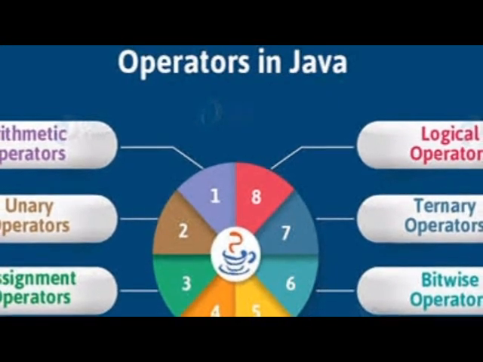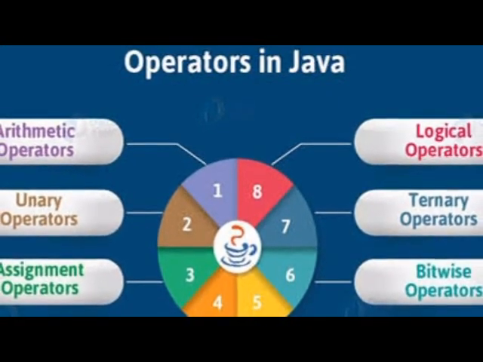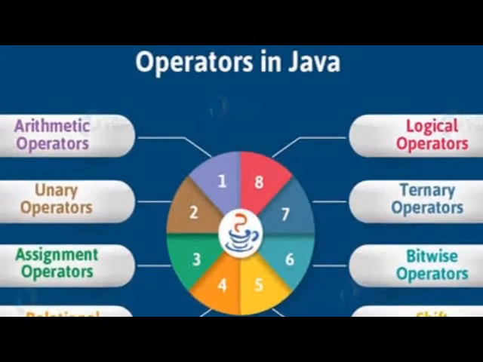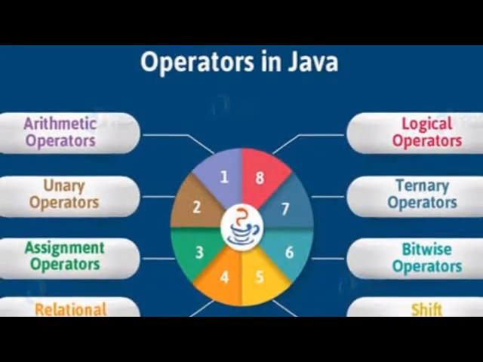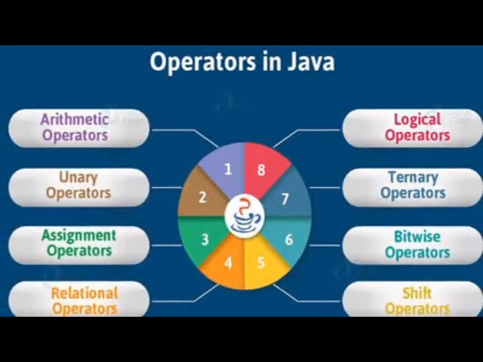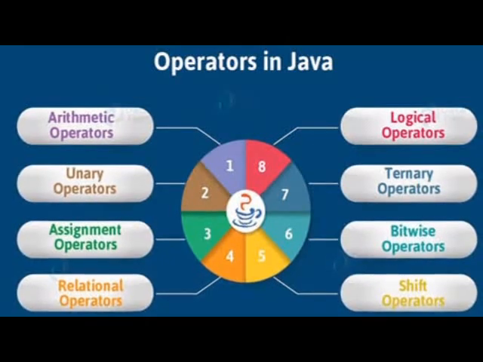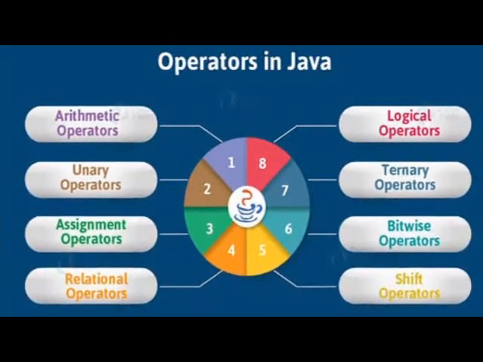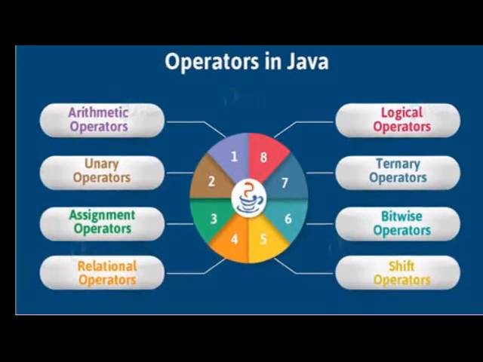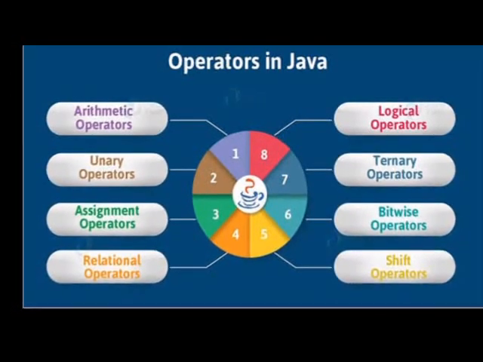Now our next topic is operators in Java: arithmetic operator, unary operator, assignment operator, relational operator, logical operator, ternary operator, bitwise operator, and shift operator. I think you are already familiar with these operators from your previous languages, C and C++.